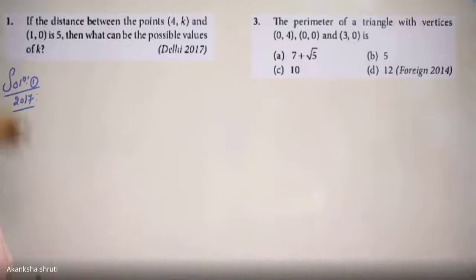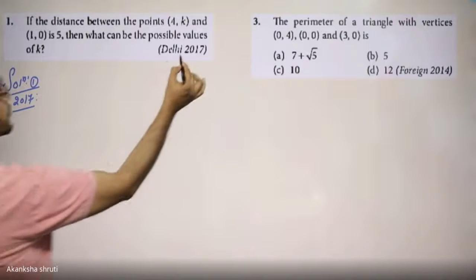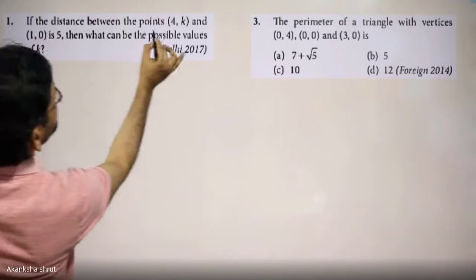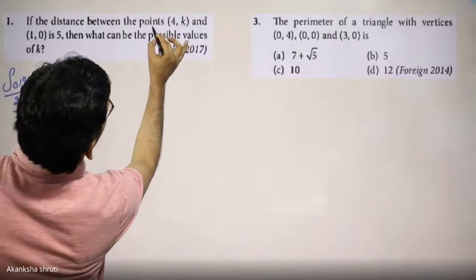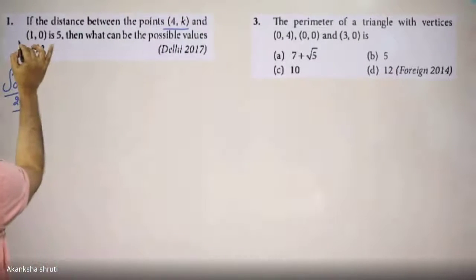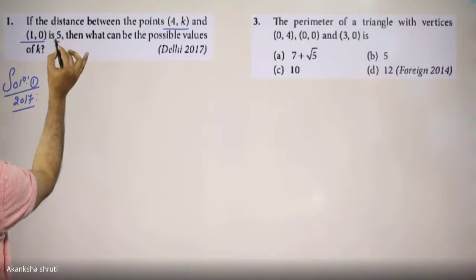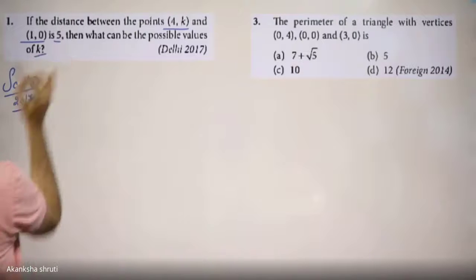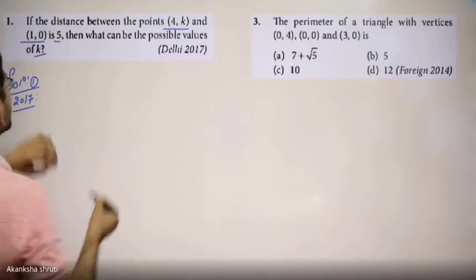Let us take question number 1, which was asked in 2017. The distance between the points (4, K) and (1, 0) is 5. What can be the possible values of K? Draw a rough diagram.